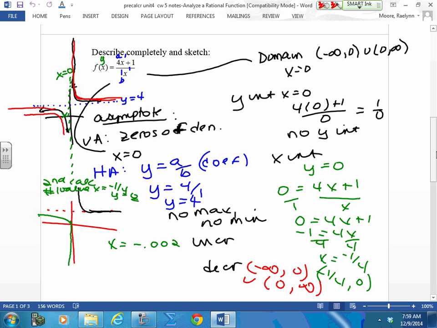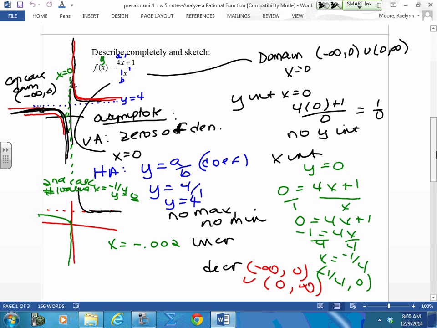Now, your concavities should follow the same way that your increasing decreasings do. This guy here technically makes the cave down. See the downward motion? There's your cave down. So I'd have a concave down from negative infinity to 0.